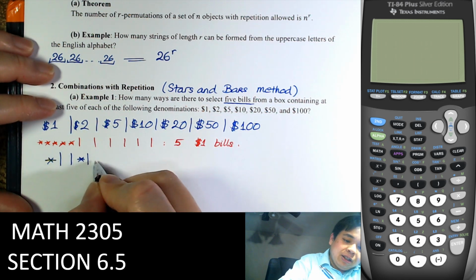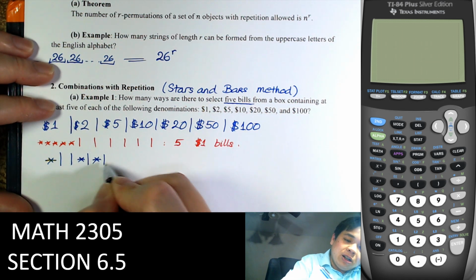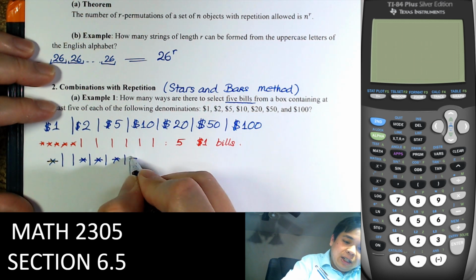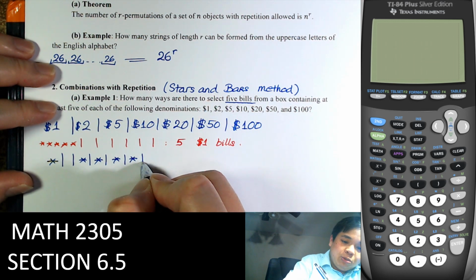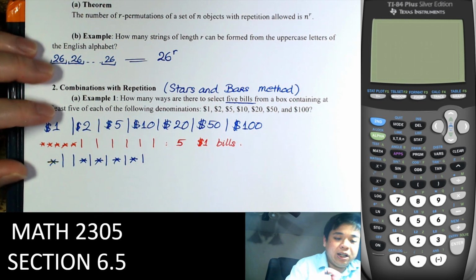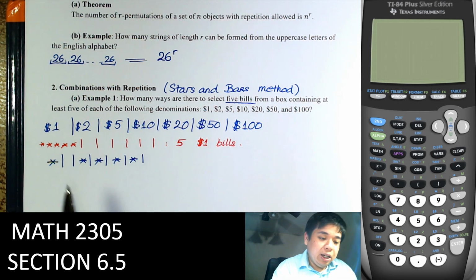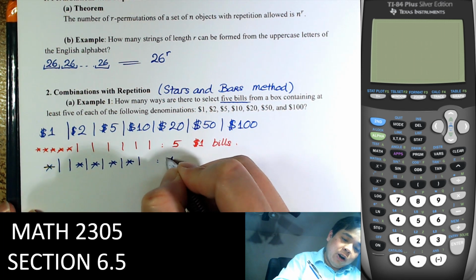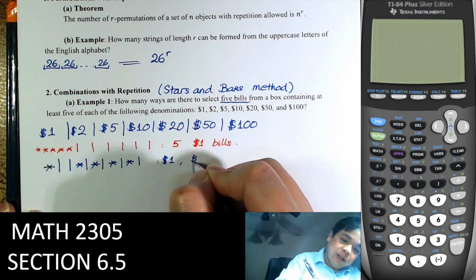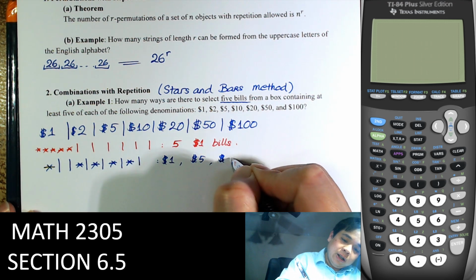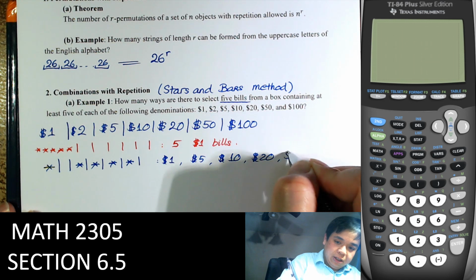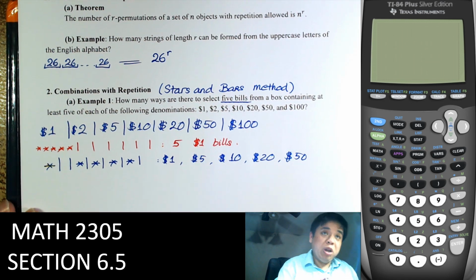And then a bar, 1 for 10, a bar, 20, a bar, and 50, a bar, and for 100, skip, nothing here. Alright, so this is the case where we have a $1 bill, a 5, a 10, a 20, and a 50, one each, represented by this.